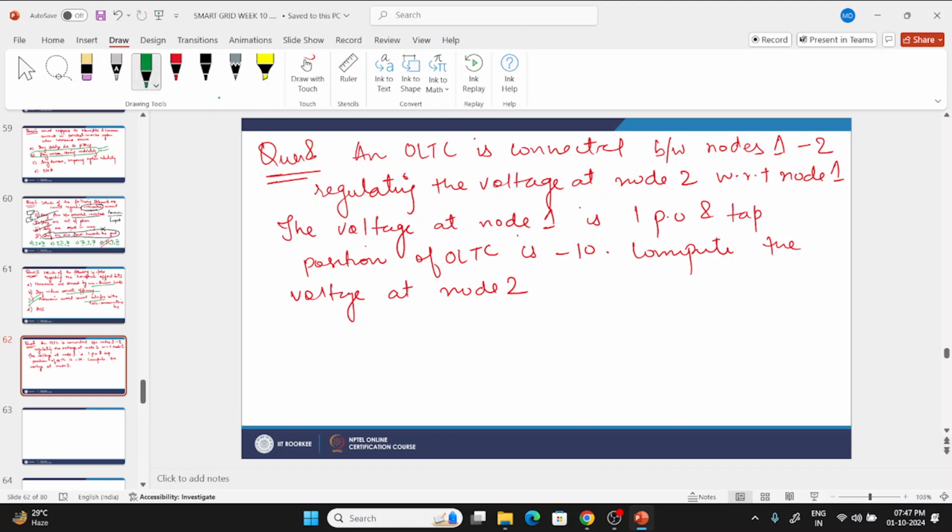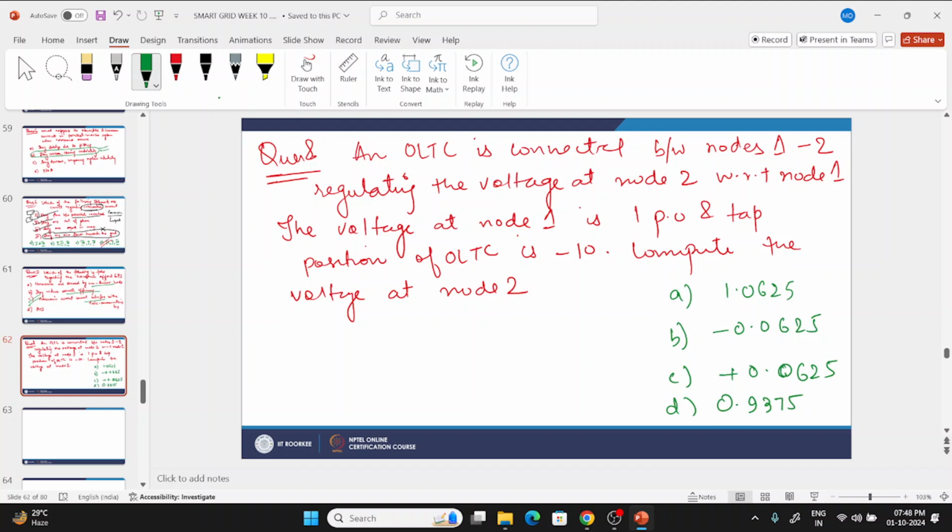ऑप्शंस क्या हैं? एक ऑप्शन है 1.625, बी है -0.0625, सी है +0.0625 एंड डी है 0.9375। तो इसका क्या निकालना है आपको?